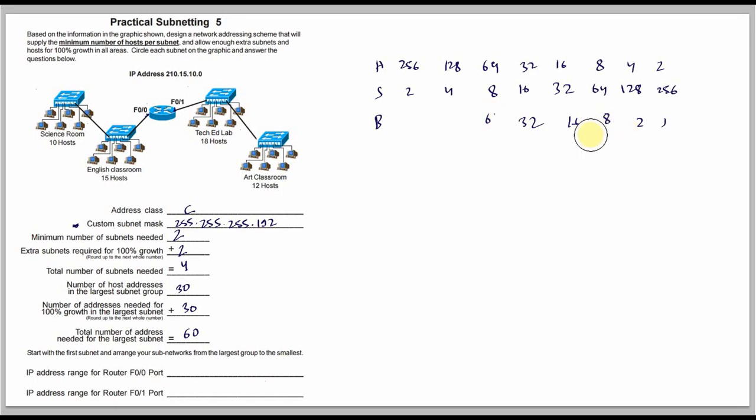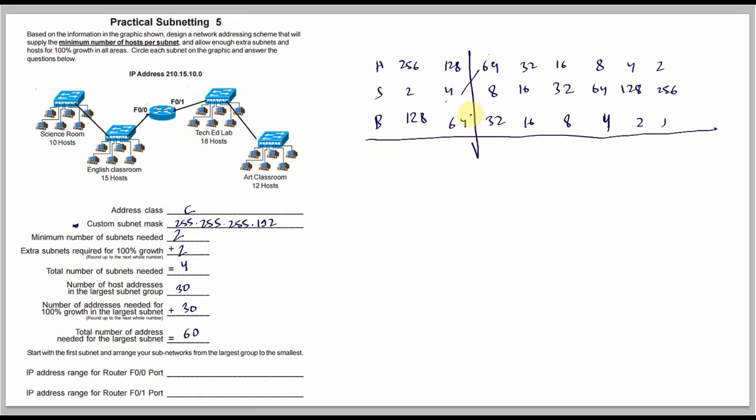Alright, 4, 8, 16, 32, 64, 128, and we remember that this was our scenario right here. We had 4 subnets and 64 possible IP addresses.